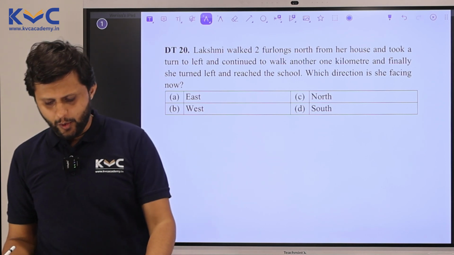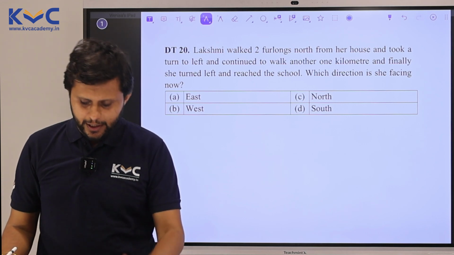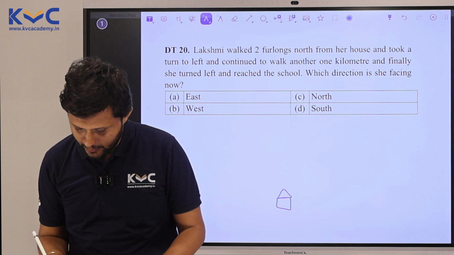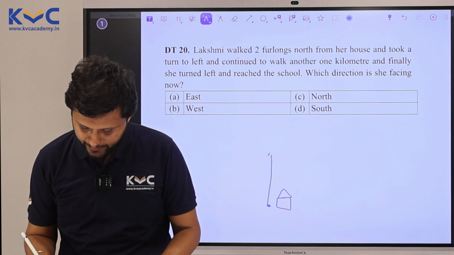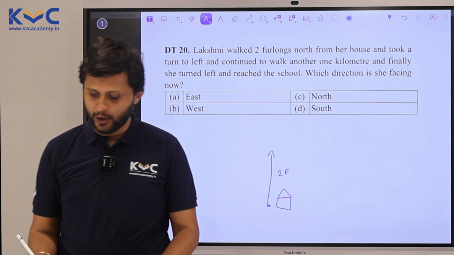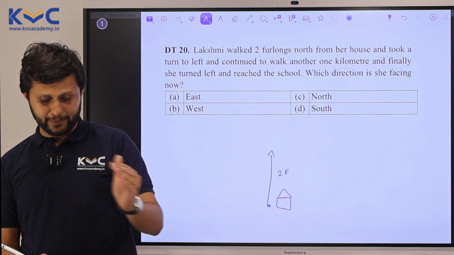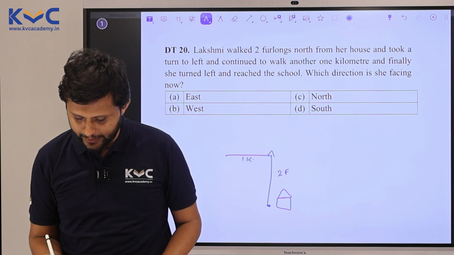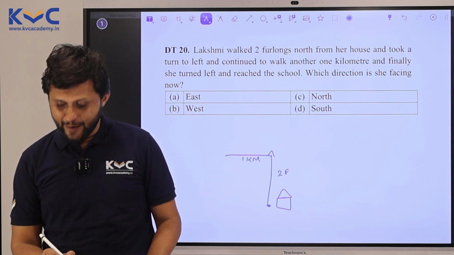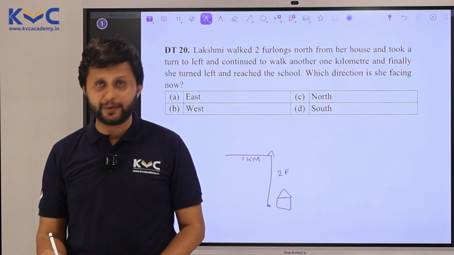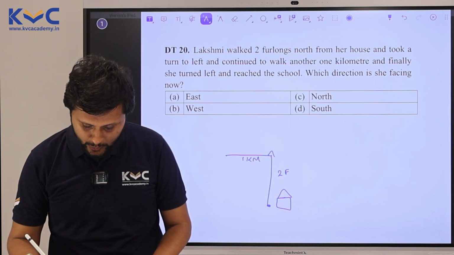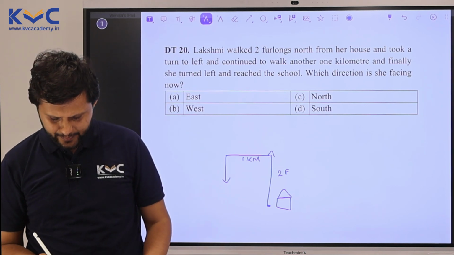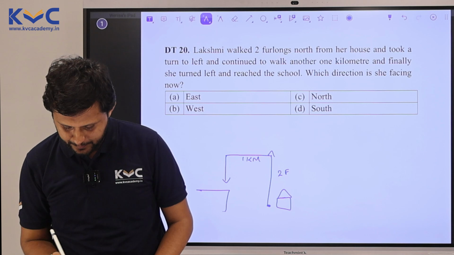Lakshmi walked 2 furlongs north from her house. So she has her house over here. Okay, she goes 2. This is 2 furlongs and took a left and continued to walk 1 kilometer. This is 1 kilometer towards the left, and finally she turned left and reached school. She took left again. So you took left 2 times, and this is her school.